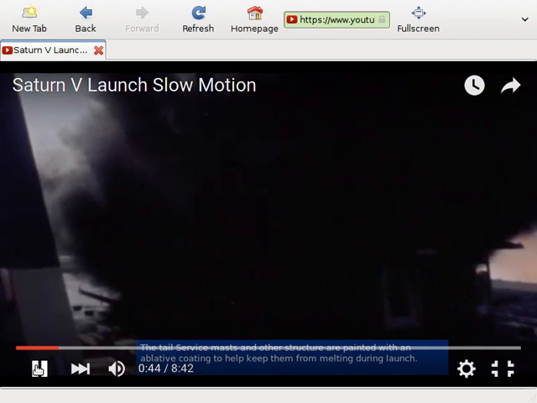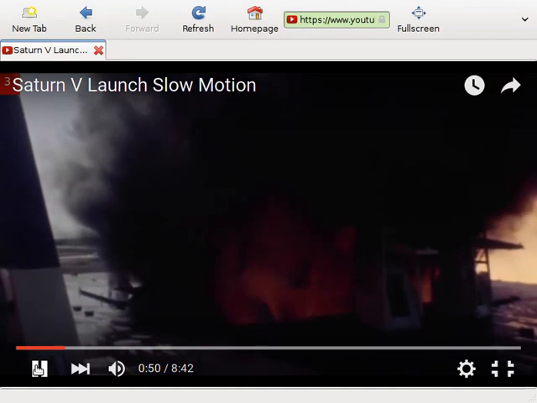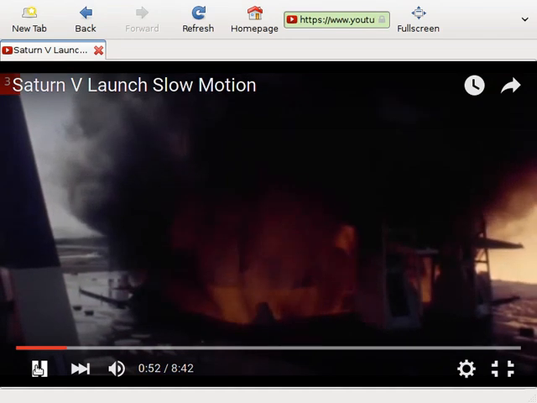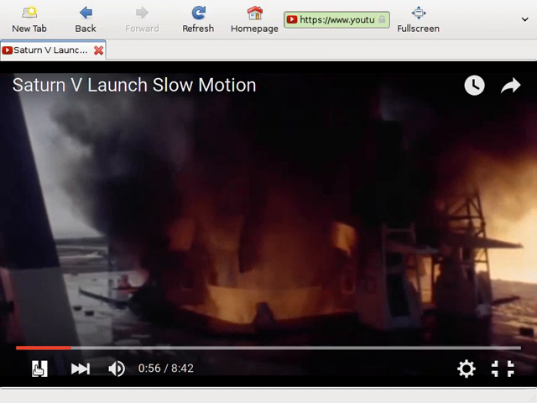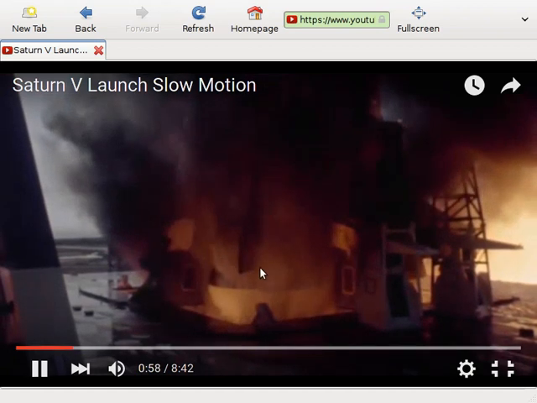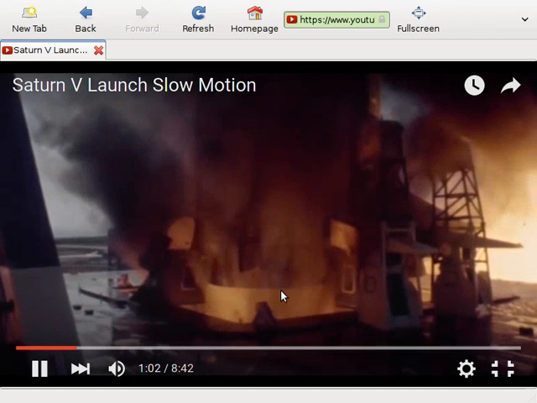It's a bit dark. Too much smoke. Where's the rocket? Now look, the gas is still coming out and the rocket has not moved. Still on the ground.